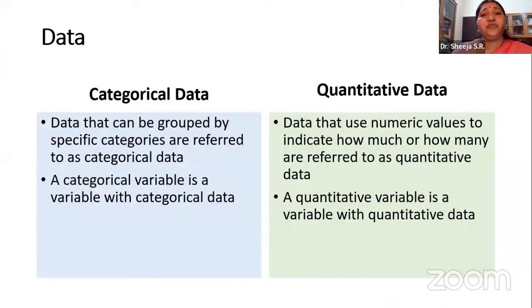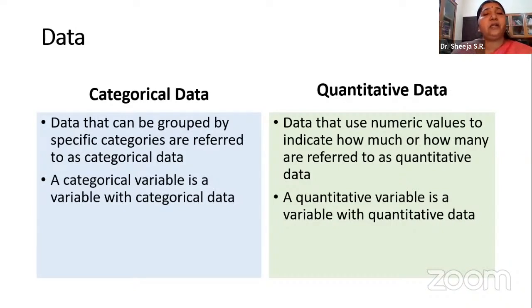Similarly, we can broadly classify data also into 2 different categories. I hope that you are familiar with the distinction between qualitative and quantitative data. For example, if we are classifying people on the basis of their educational qualification, you can identify certain categories.